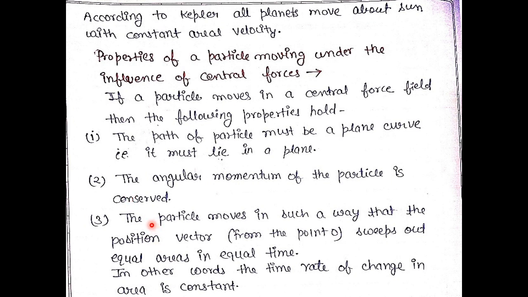And also the particle moves in such a way that the position vector sweeps out equal areas in equal time. In other words, the time rate of change of area is constant. So when a particle moves under the influence of a central force, it will have these three properties: it moves in a plane curve, angular momentum is conserved, and areal velocity is constant.